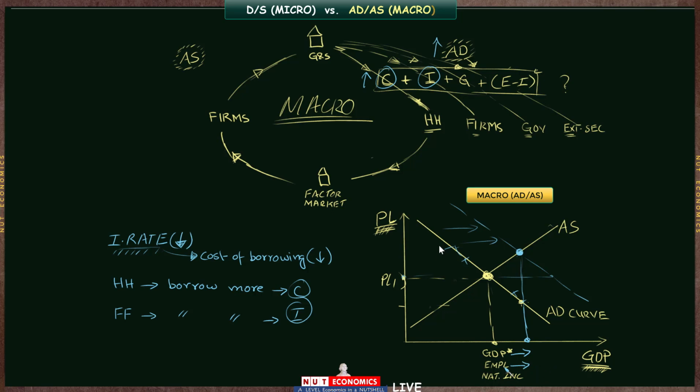Since in equilibrium output is equal to employment is equal to national income, the national income will also increase, but all at the expense of increasing price level or inflation. So this is something that goes wrong.